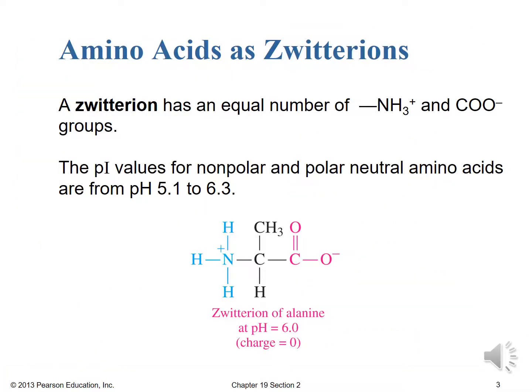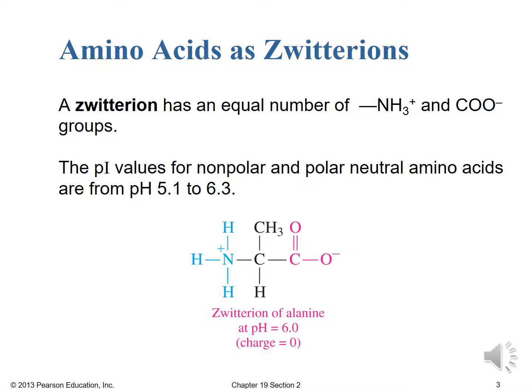Okay, so to be more specific, a Zwitterion has an equal number of NH3+ and COO- groups. So the pI value, the ionization value there for nonpolar and polar neutral amino acids, are from pH 5.1 to 6.3. That's where typically you'll have the Zwitterion form.